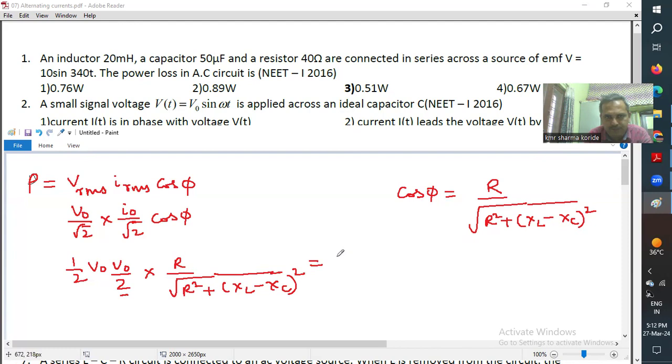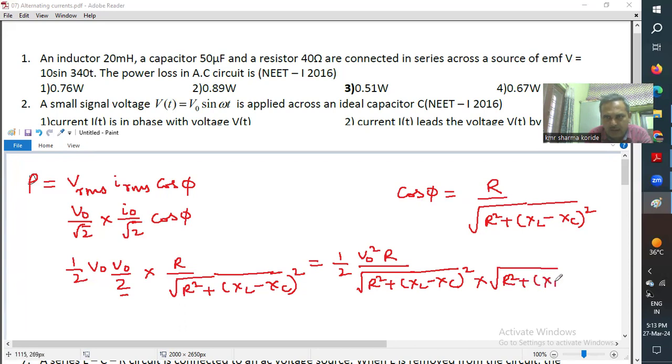You can extend this: 1 by 2 V naught square with R, and Z is impedance, which is root over R square plus XL minus XC whole square, into one more impedance, that is root over R square plus XL minus XC whole square.